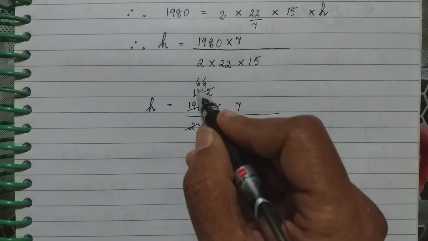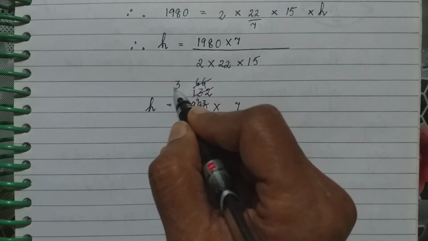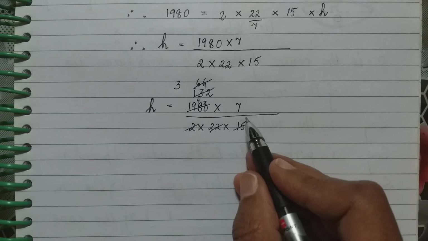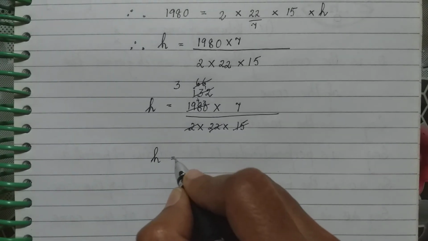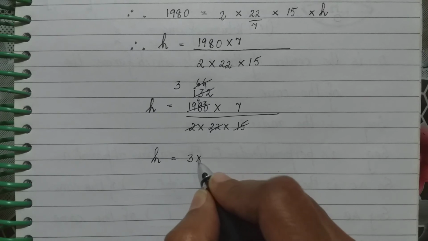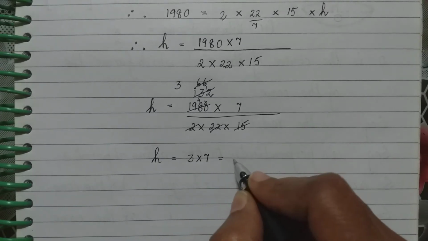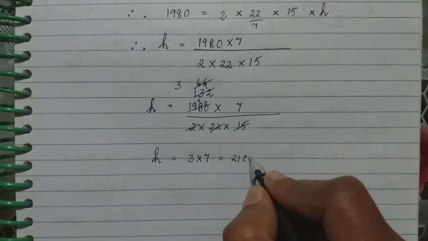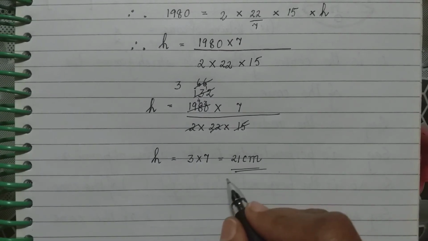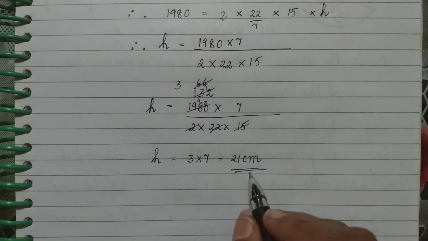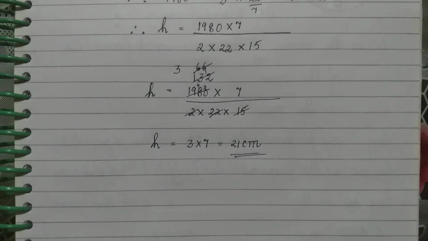Now 22 goes in 66 3 times. So we have 3 into 7 left. So H is equal to 3 into 7, which is equal to 21 centimeter.